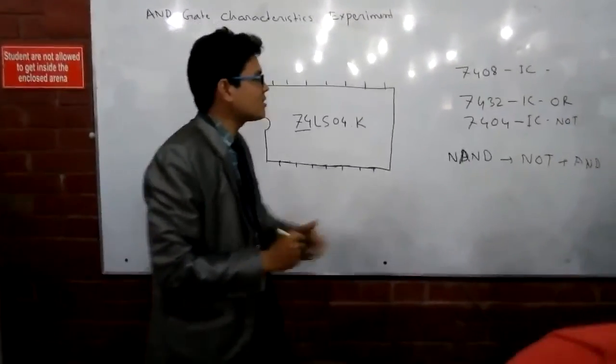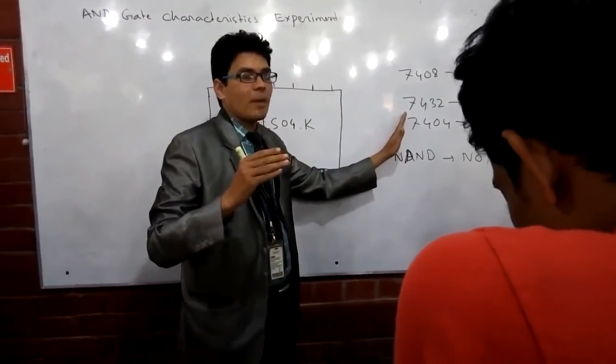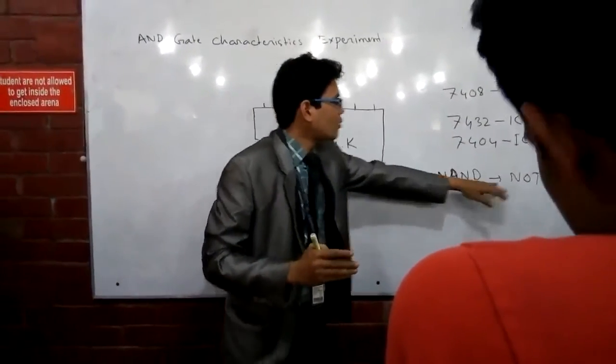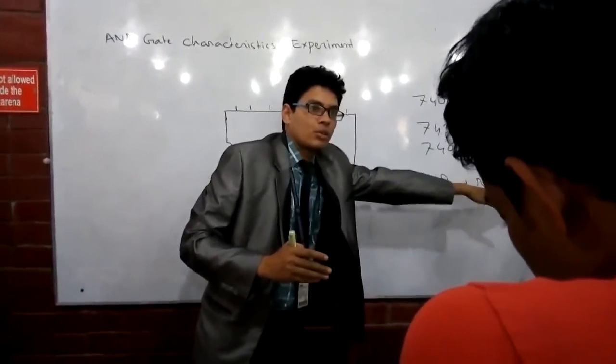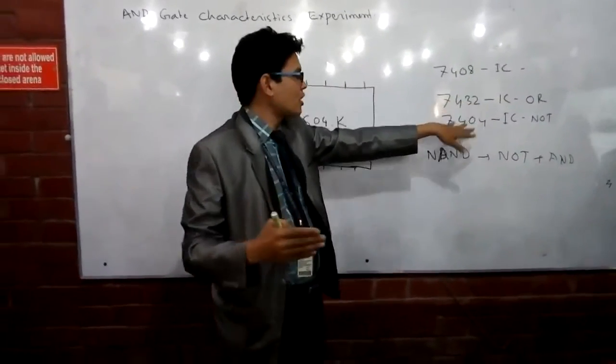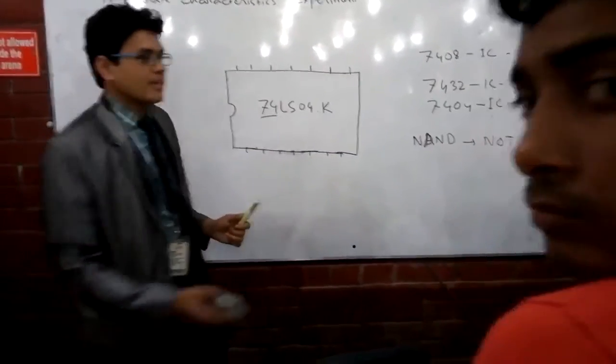So these 3 ICs are the basic ICs by which you can make other combinations like NOR, which is NOT plus OR. That is how you can make the remaining combinations using these 3. These are the basic things.